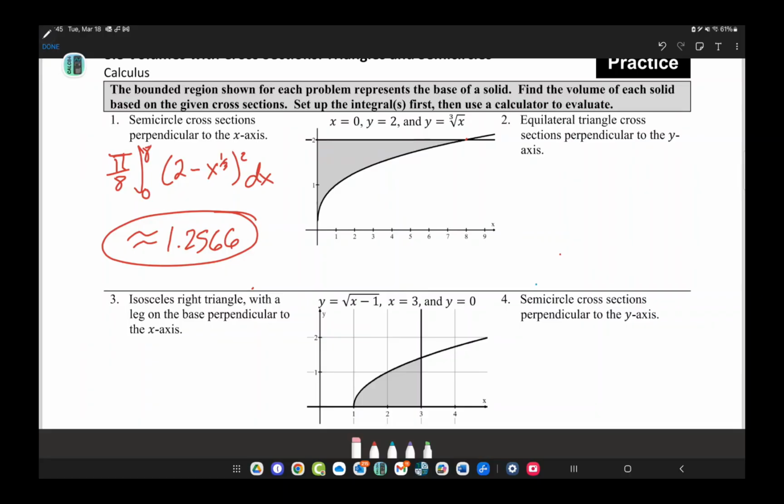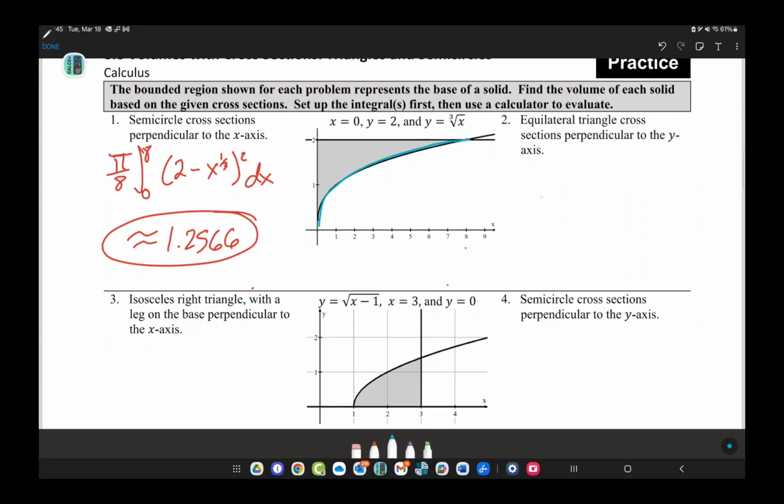Any questions? Pretty easy, hopefully. All right. Number 2, equilateral triangle, sections perpendicular to the y-axis. Now, if it's perpendicular to the y-axis, what do we have to do? In terms of y. If you turn your paper sideways, you will see that this function right here is the only function you need to worry about. I don't need to worry about y equals 2 except for my bounds.